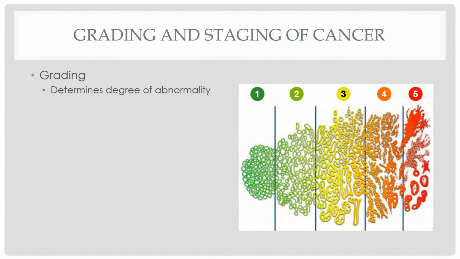When we talk about grading, we are talking about the degree of differentiation. If tissue is well differentiated, like normal tissue, that's lower grade, grade 1. If tissue is very similar to normal tissue, it's grade 1.